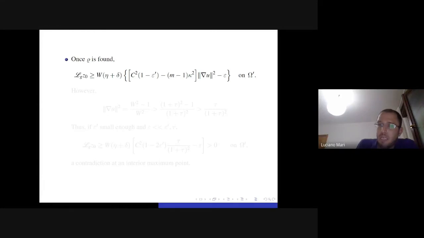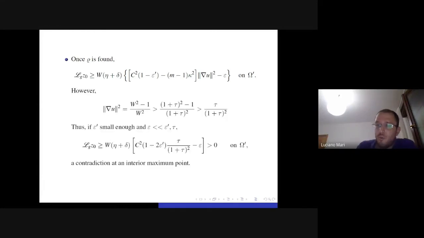But now on the upper level set, grad u squared can be written as w squared minus 1 over w squared. Recall that w is what we wanted to estimate, and Z is what we wanted to estimate. So consequently w is bigger than z, and z is bigger than 1 on this set. So grad u squared is at least a fixed quantity, tau.